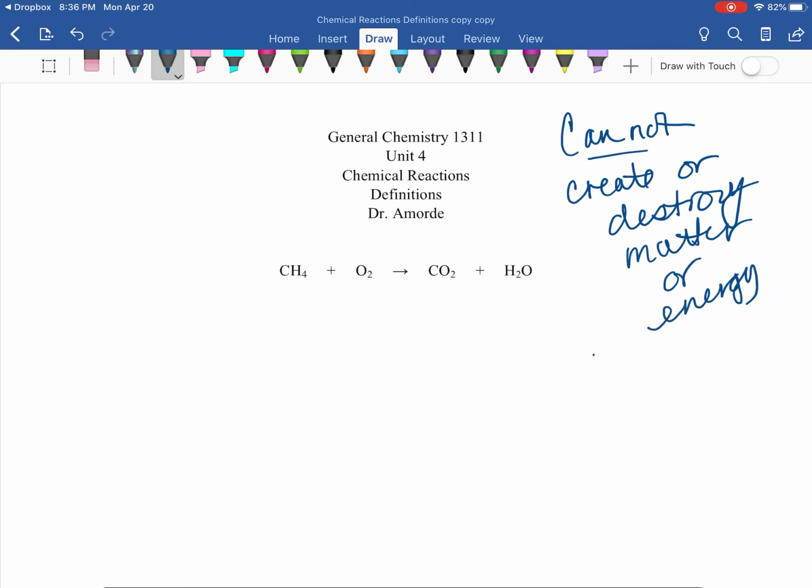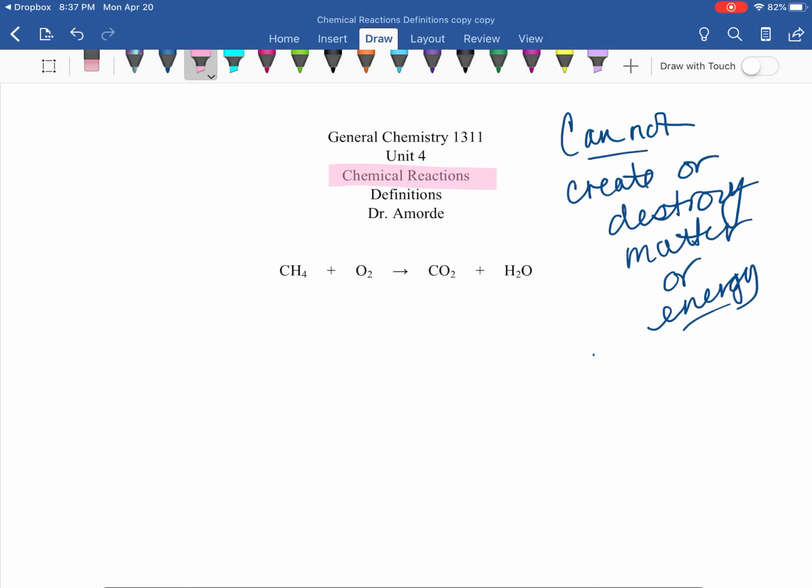We cannot create or destroy matter or energy. Now this is going to carry us through Unit 4 as well. When we look at thermodynamics, we're not going to create or destroy. We're just going to shuffle it. It's going to change. We can undergo changes, but we can't actually create it or destroy it.